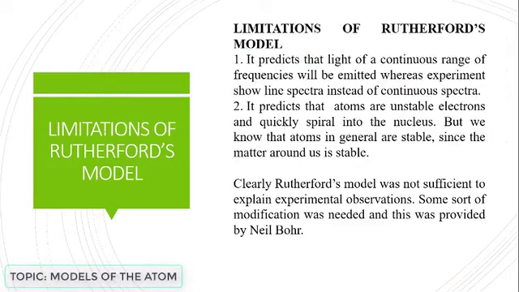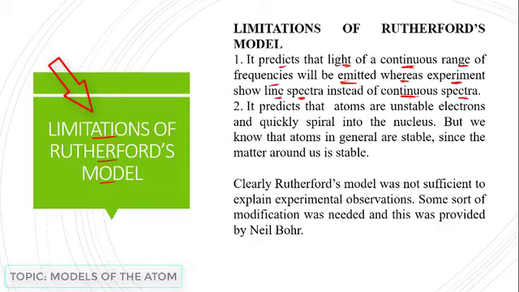Same as Thomson's model, Rutherford's model also had some limitations, about two of them. The first limitation of Rutherford's model is that it predicted that light of a continuous range of frequency will be emitted. But on the other hand, experiments showed that this was wrong because experiments showed line spectra, not continuous spectra.